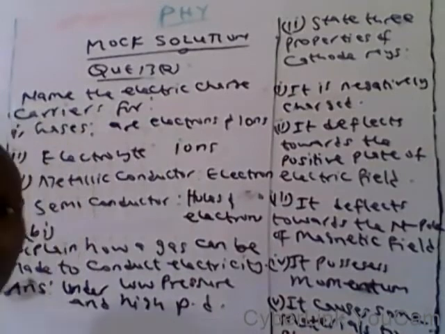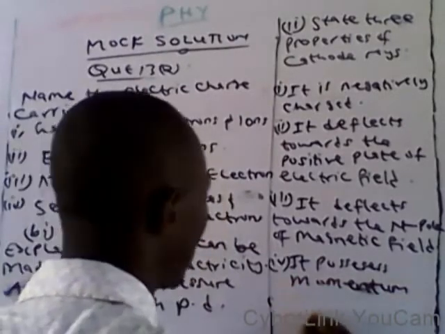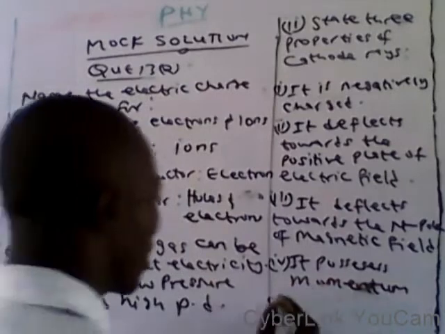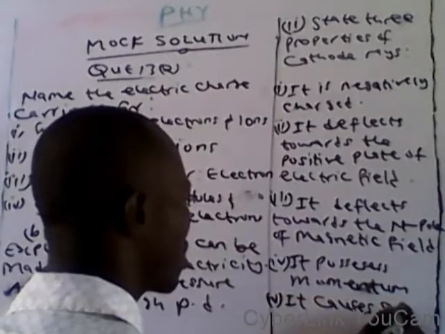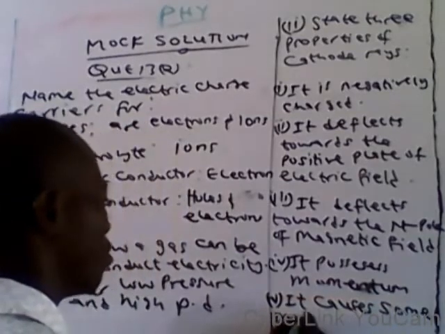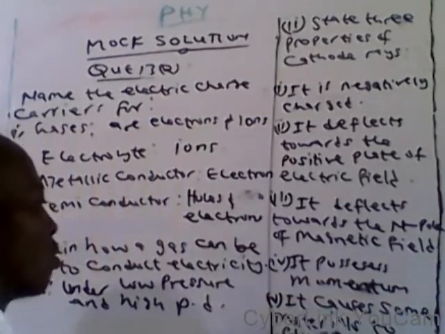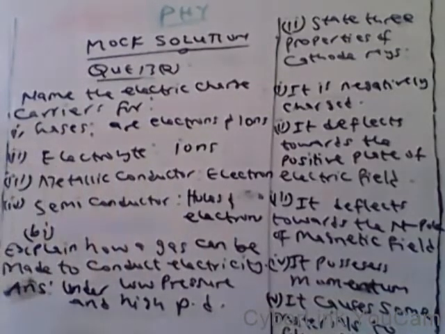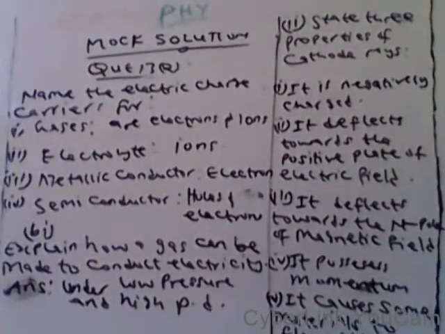It causes some materials to fluoresce. So if you check your note, you're going to see some other properties of cathode rays.